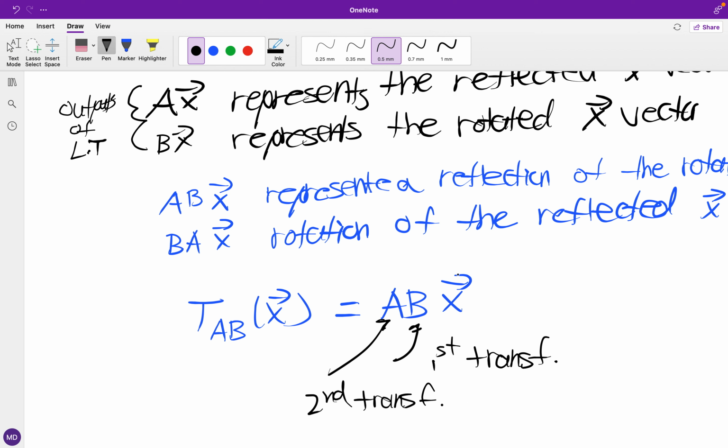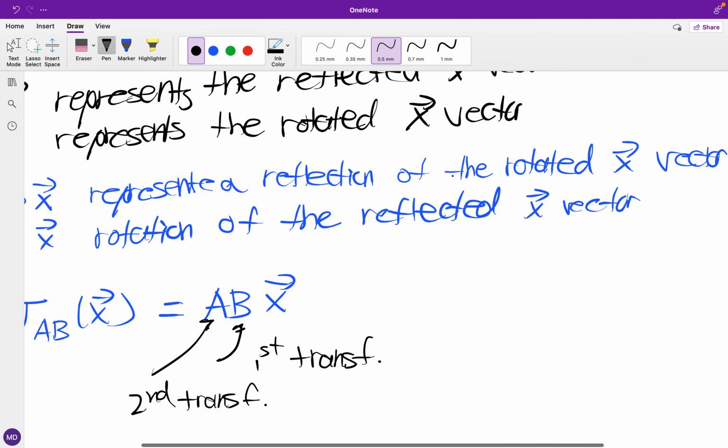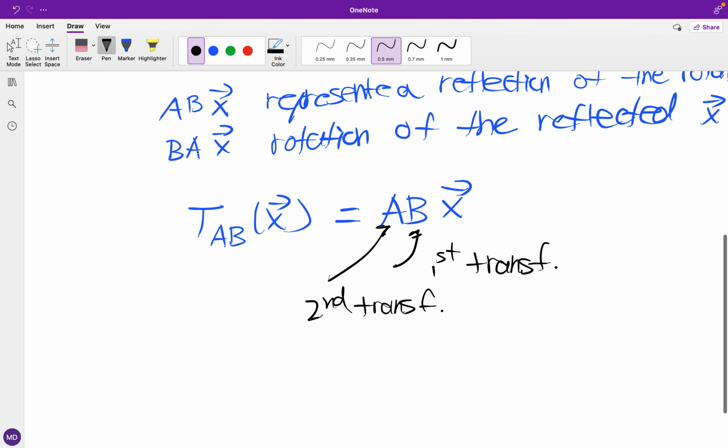So B would get applied to x first and then A. In this case, we would be rotating the x vector and then reflecting it. So that's why ABx is a reflection of the rotated x vector. Okay, so enough of linear transformations here.